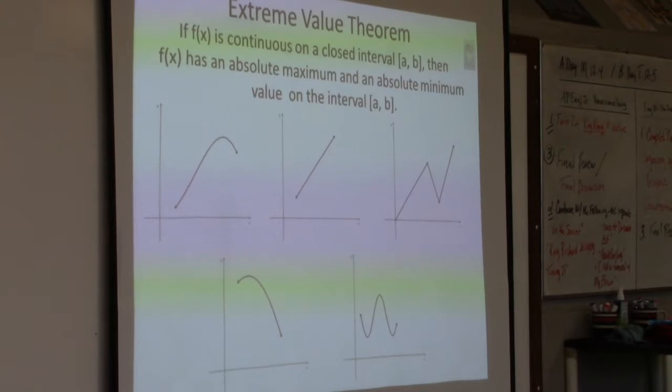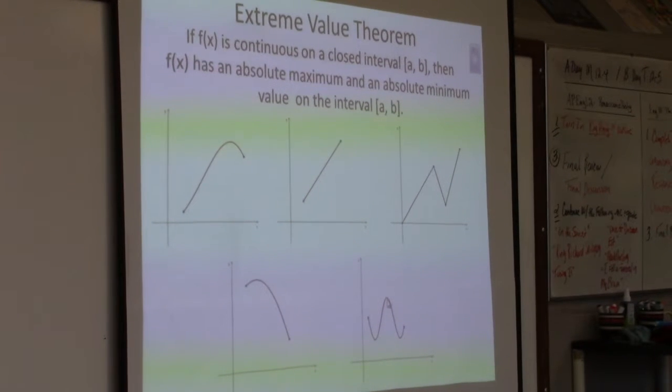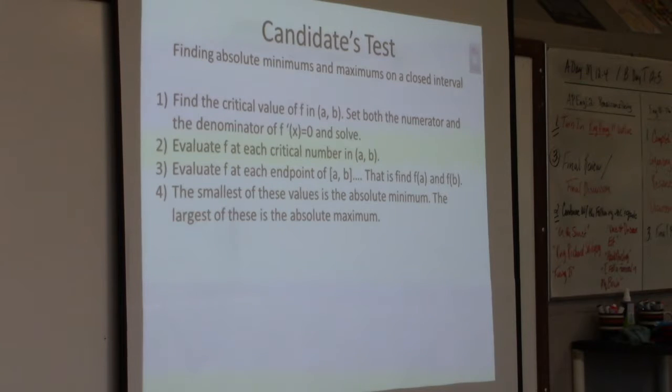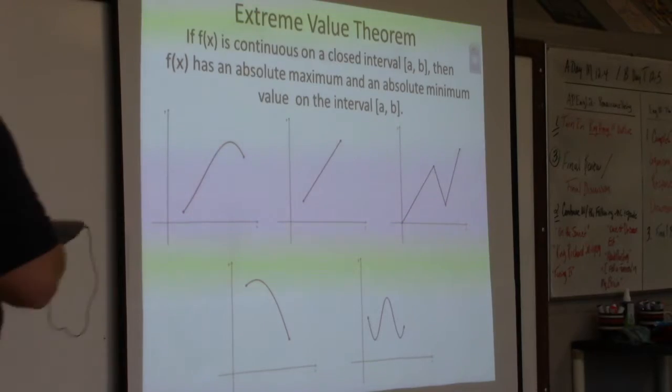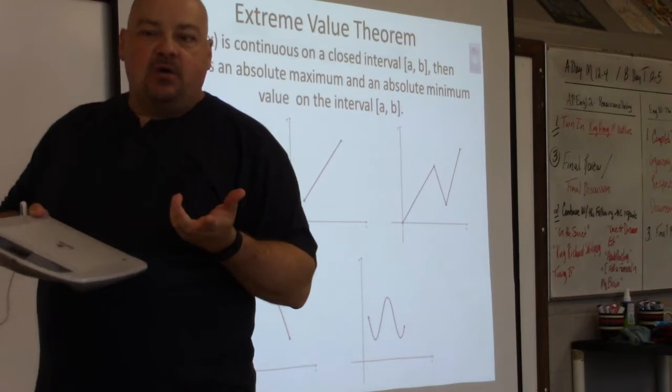Where's the absolute maximum on this one? Top of the hill. All the way up there. Where's the absolute minimum? Can you have more than one? Okay, think about this: when we talk about an absolute minimum, are we talking about an x value or a y value?